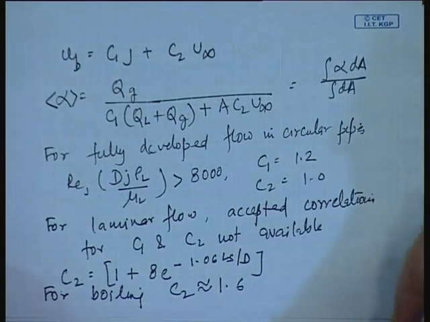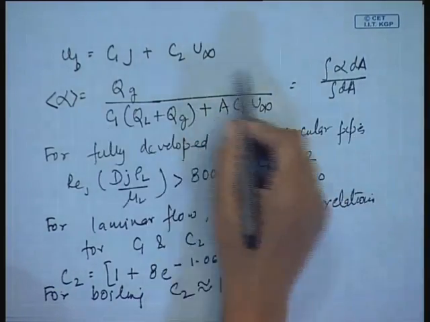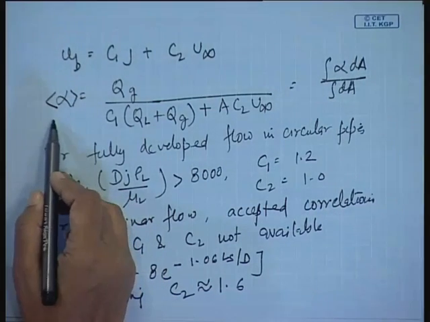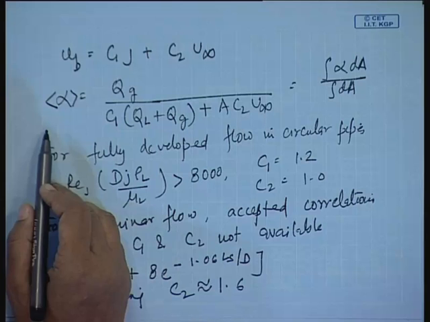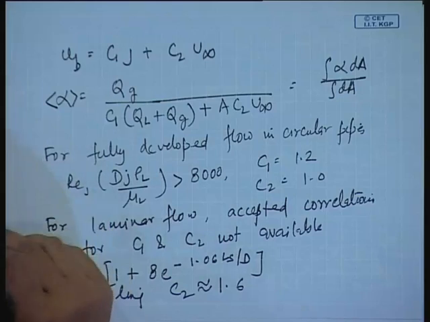So, therefore, this is the cross sectional average value of alpha. The corrected value can be obtained from this particular form. Now, if we substitute this alpha in the pressure drop expression, then we should get an expression to predict pressure drop for the slug flow pattern.